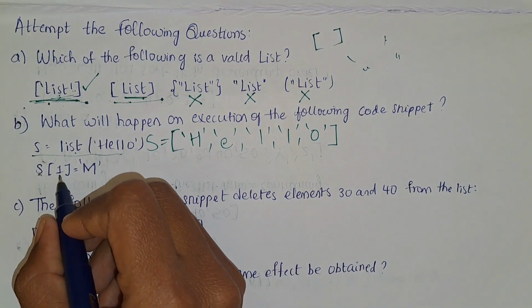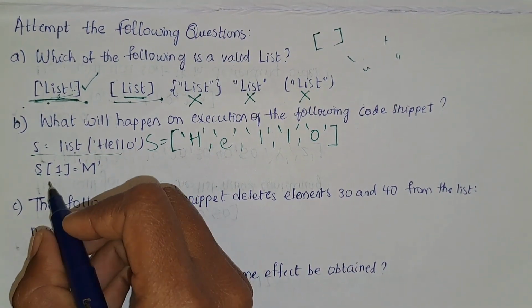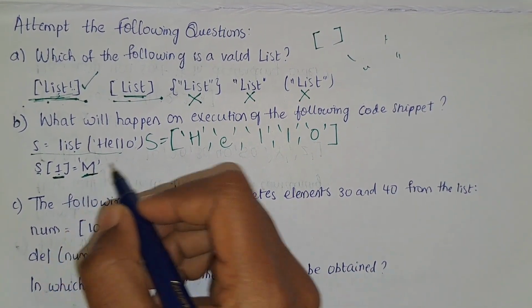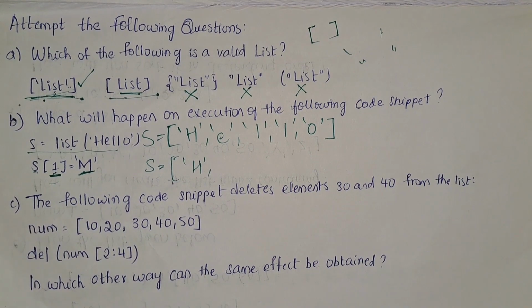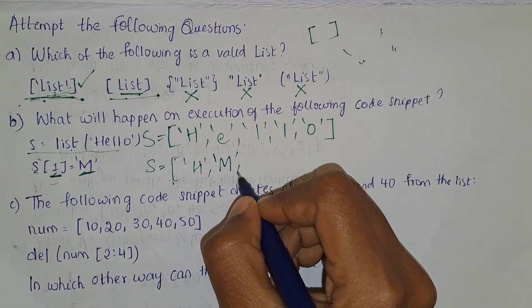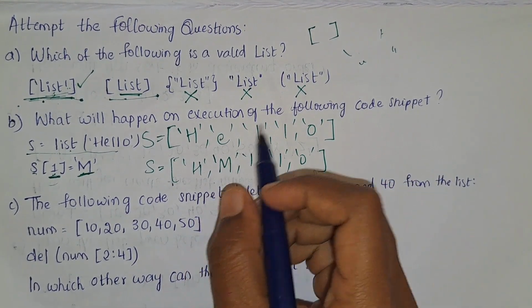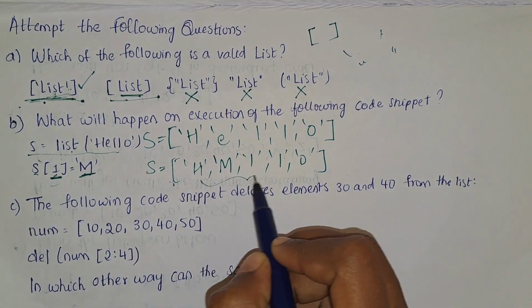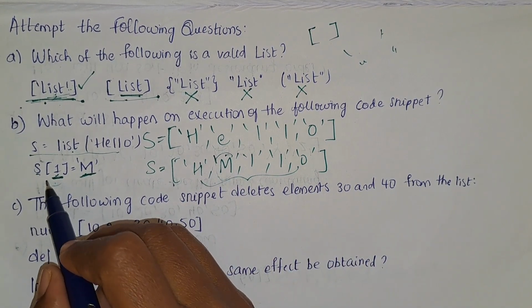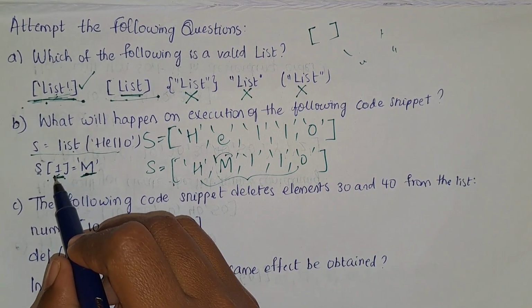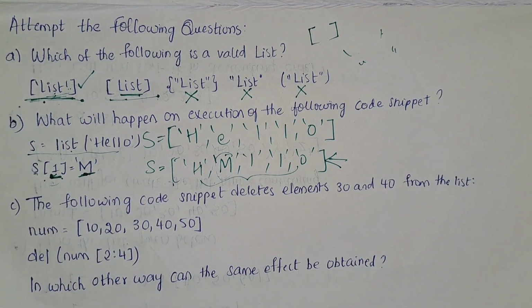If you take s[1] = 'M', that means a modification: at index 1 we are storing M. So at index 1 it will store capital M, followed by L, L and O as the items in the list. After execution of this code, our list becomes like this: at the position of E, M is stored, because s[1] = 'M' modifies the item at index 1. So this is our list after executing this code snippet.